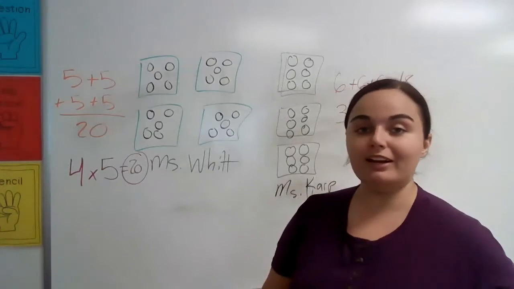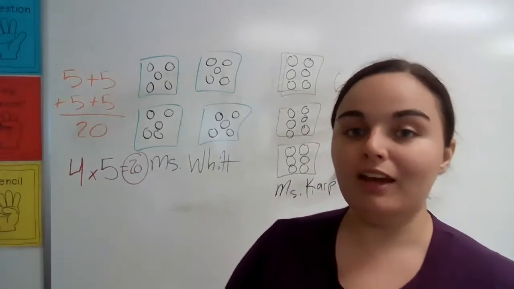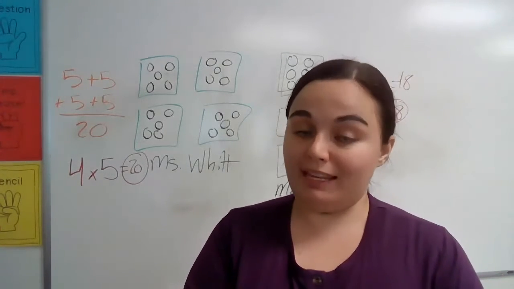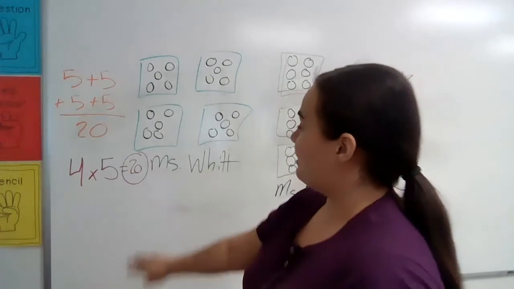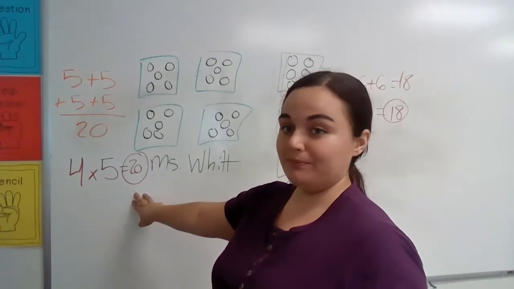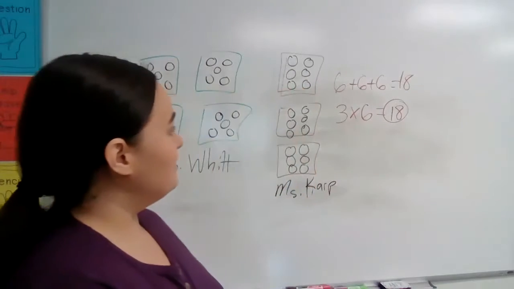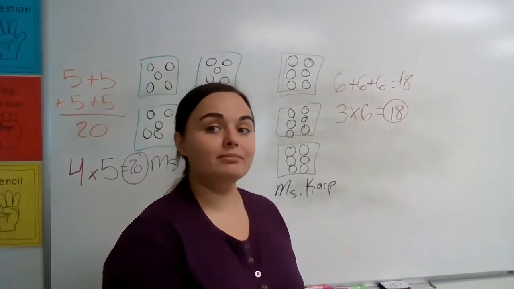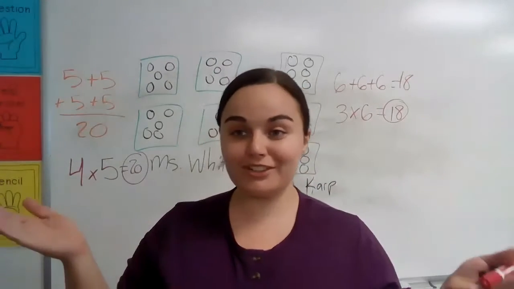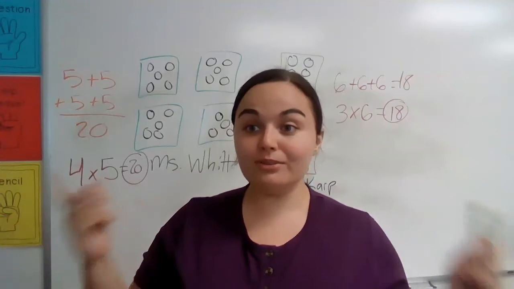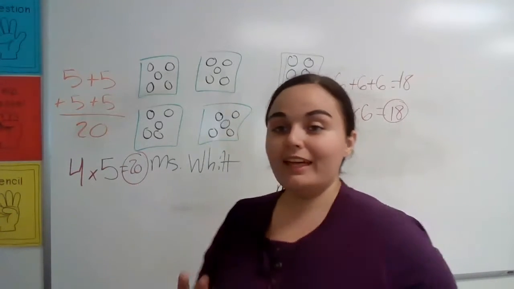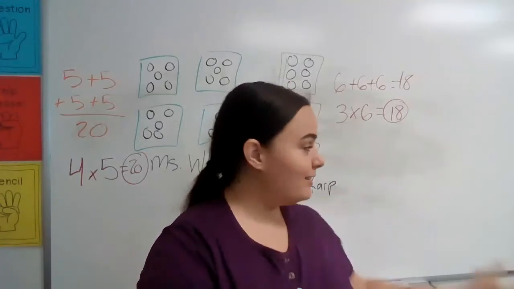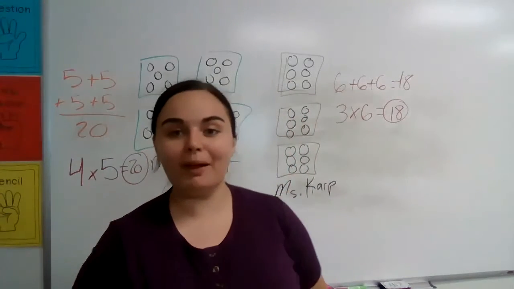All right, our last part of this question says, who bought more jars of paint and how many more? Well, if we said that Mrs. Witt had 20 of them, and we said that Mrs. Carp had 18 of them, well, which one's the larger number? Right, Mrs. Witt had 20. That is 2 more than the 18 that Mrs. Carp had.